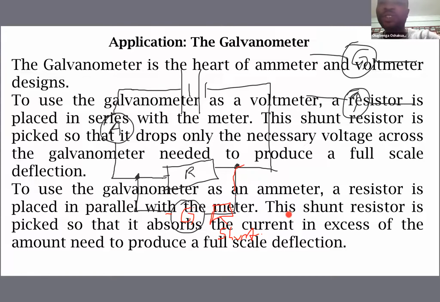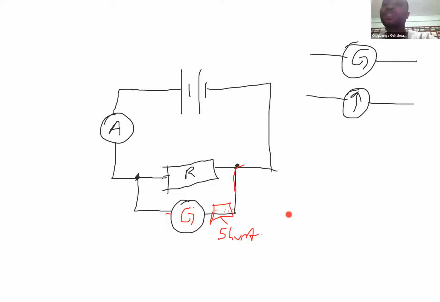So I put my galvanometer here and put another shunt resistor in parallel with the galvanometer. But this time around, this shunt resistor is going to be one of very low resistance.